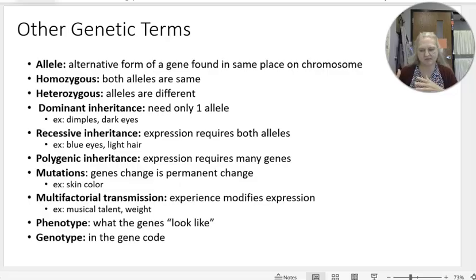In other words, light complected people came from the northern part of the world where it was colder, and darker complected people came from the equator where it's hotter and there was more sunshine. The complexion modified itself, or mutated, in response to protecting itself from the UV.